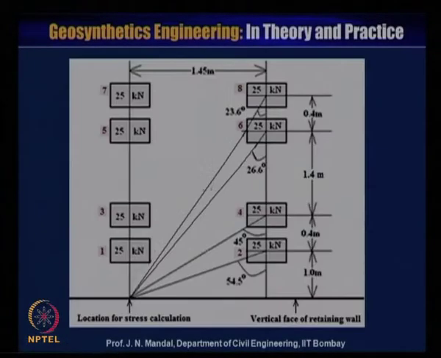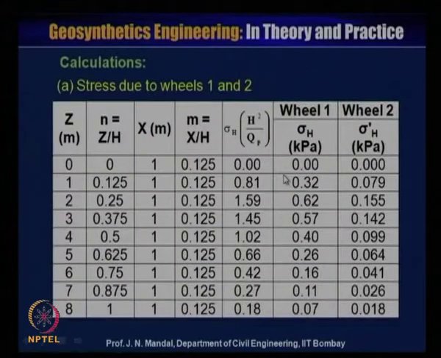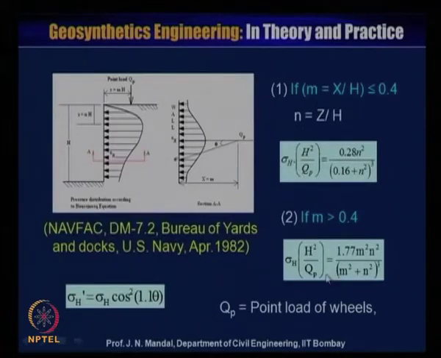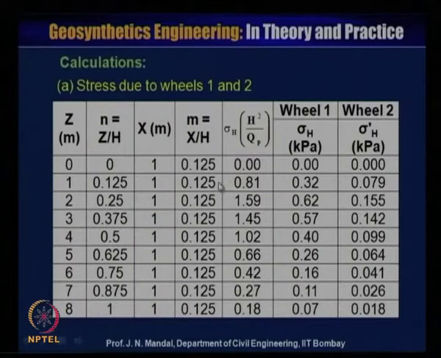This is the wheel load, given as 25 kilonewton qp for wheel 1. So you can calculate sigma h for wheel load 1, suppose 0.62.